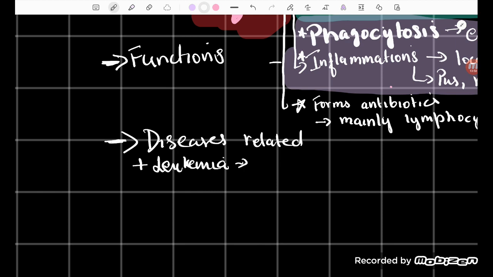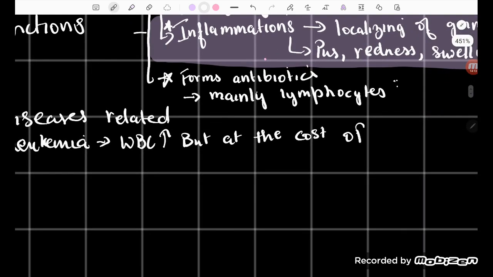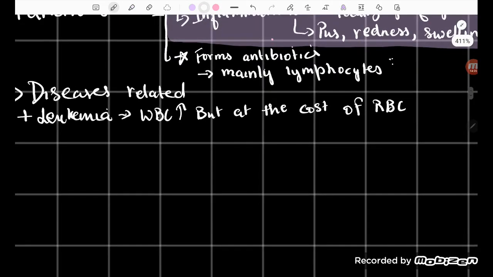So technically WBCs increase, but at the cost of RBCs. So technically, what happens is WBCs are increasing, but in the process, RBCs are being destroyed.